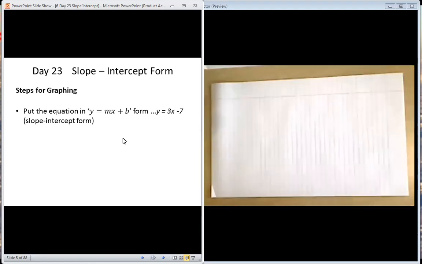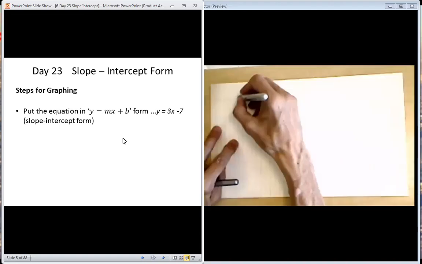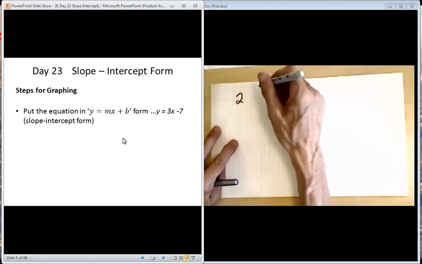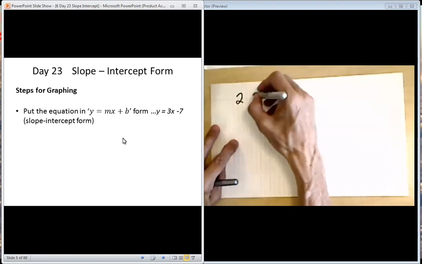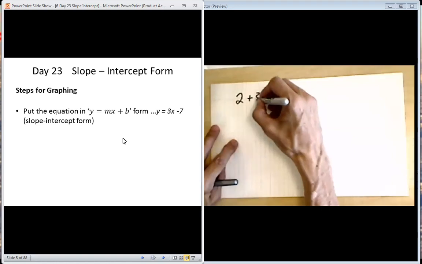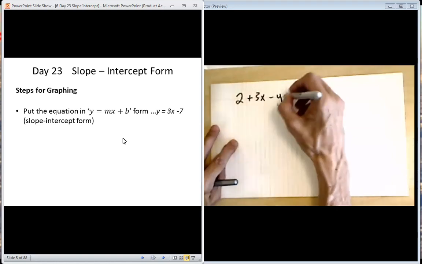First is put the equation so that it looks like y equals mx plus b, because watch, you might have to do some algebra. The question might be set up like 2 plus 3x minus y is equal to 0.